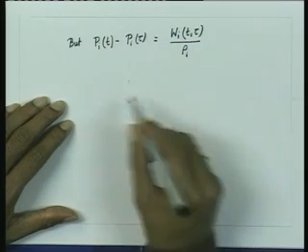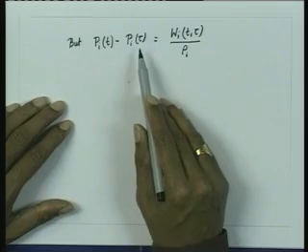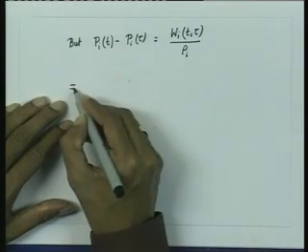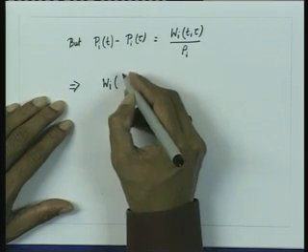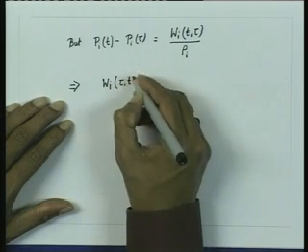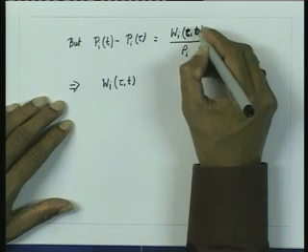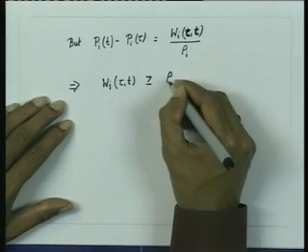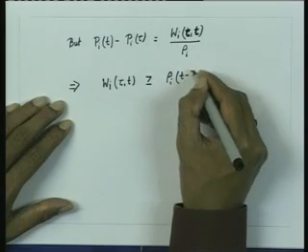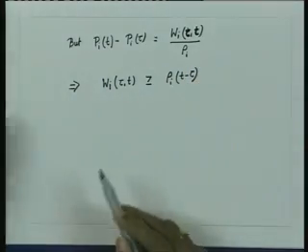Now this is the normalized service received by the session i during this active period. So W_i(τ, t) will then be greater than or equal to ρ_i into t minus τ, and hence we have proved the result.